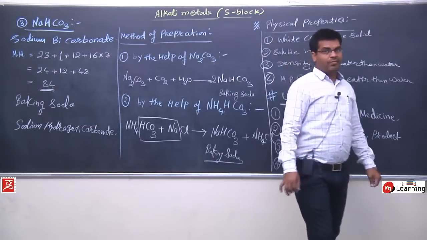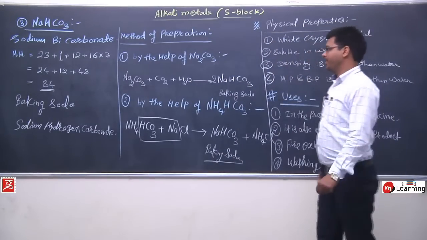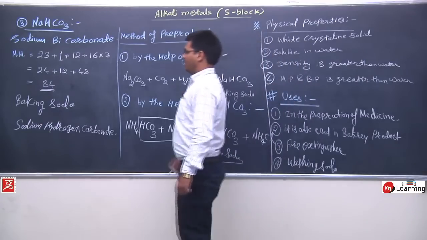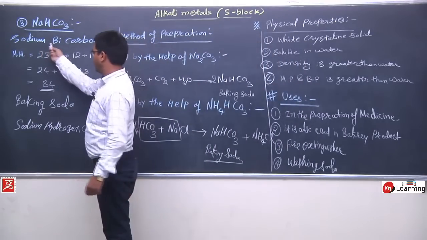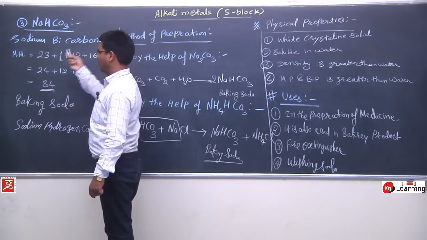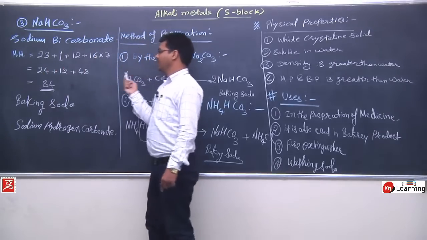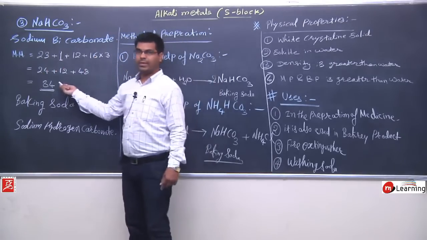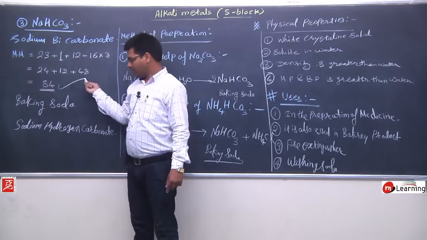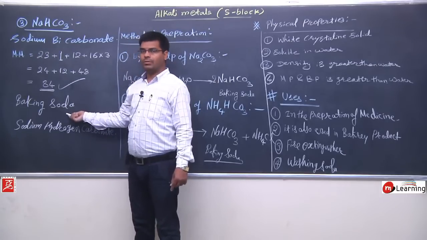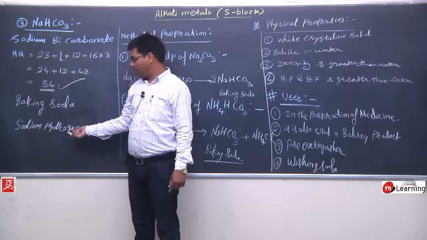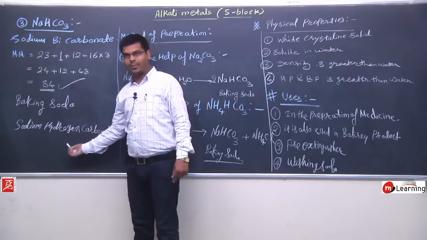So, the different compounds. First, sodium bicarbonate, molecular mass 23 plus 1 plus 12 plus 16 into 3, total is 84. Also known as baking soda or sodium hydrogen carbonate.